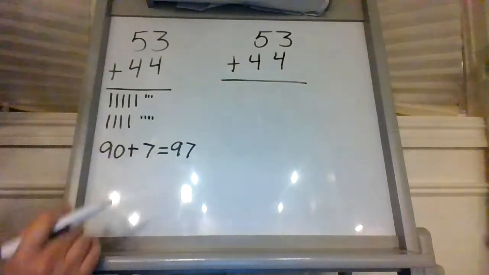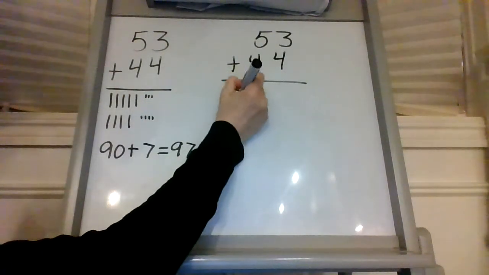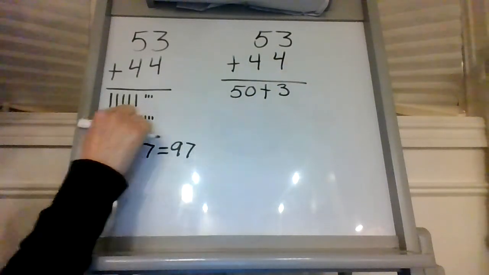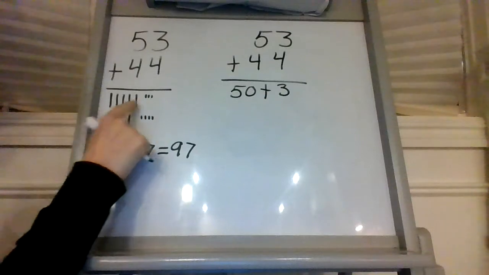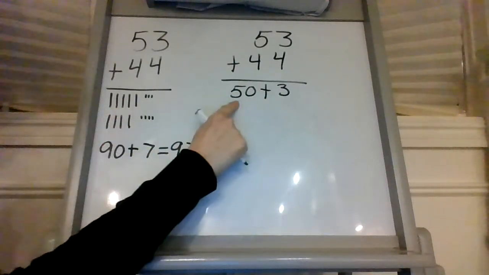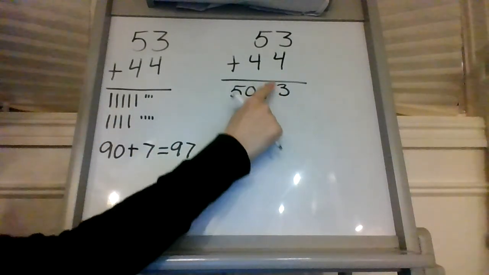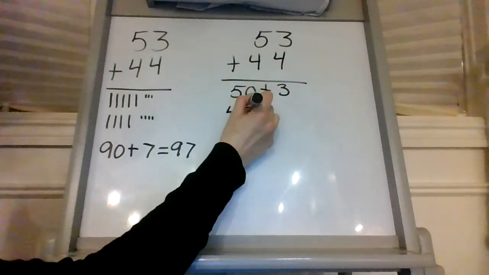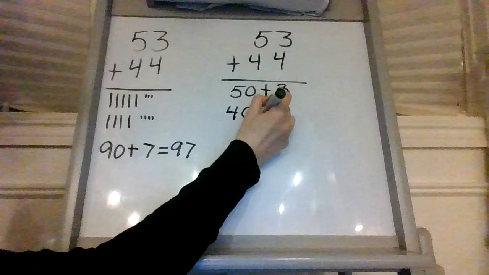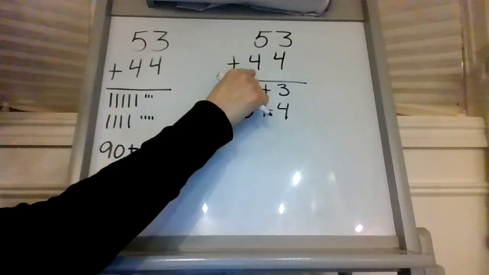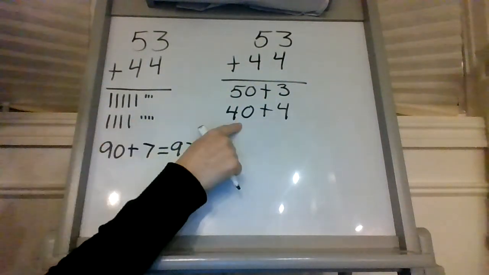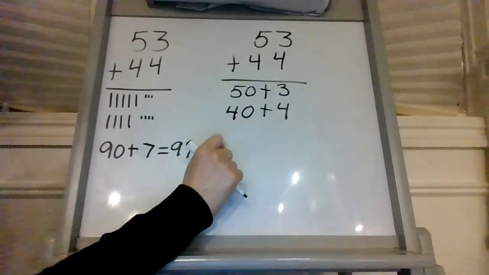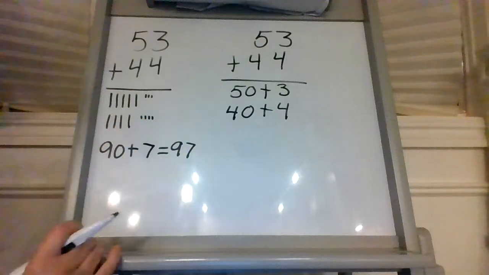So 53 in expanded form is 50 plus 3. Isn't that the same thing that I have here? 50 plus 3. 44 is 40 plus 4, right? 4 longs is 40, and 4 cubes is 4. 40 plus 4.